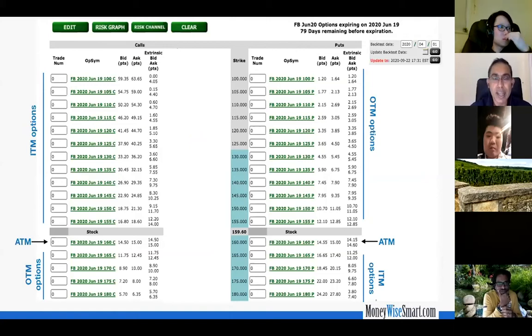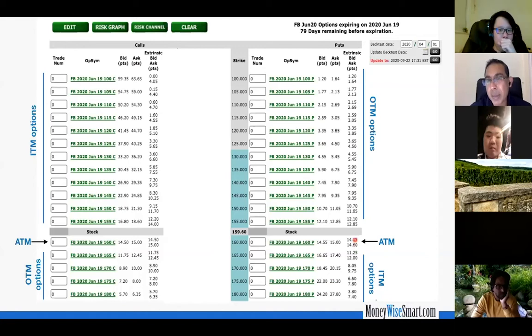So in case of call options, all the strikes which are below the current share price, they have intrinsic value because I have the right to buy the stock at a lower price and go and sell it in the market at the current stock price. So all these are called in the money options. Whereas in case of put options, all the option strikes which are higher than the current stock price, they are in the money options because they are the ones which have intrinsic value.